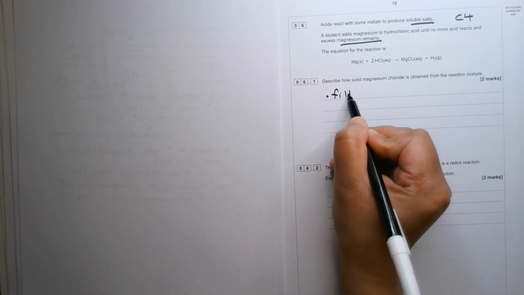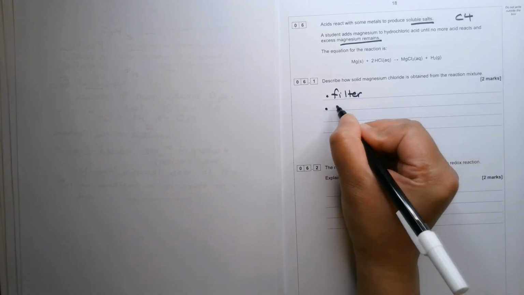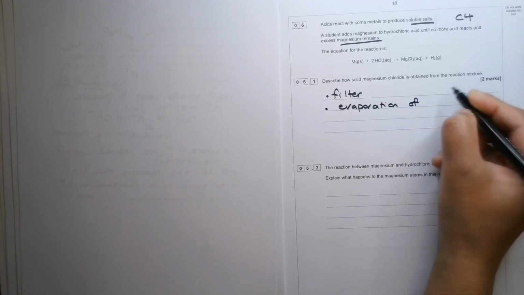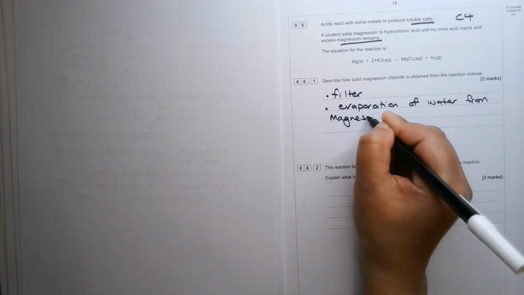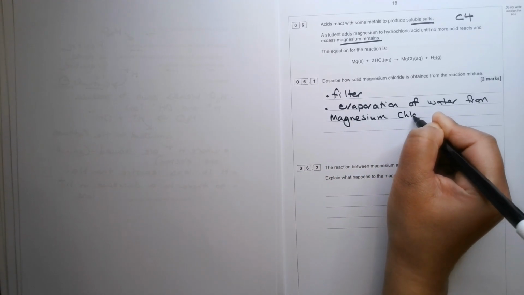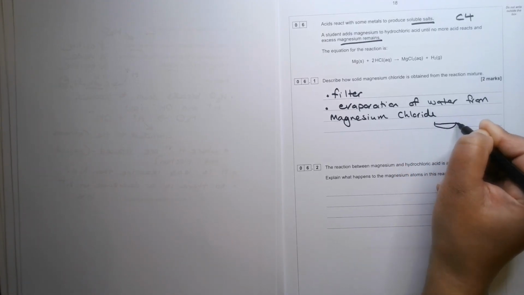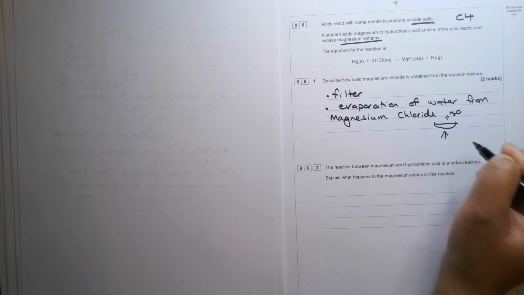So I filter first, and then I can say the evaporation of water from magnesium chloride. So the magnesium chloride is obviously going in an evaporating dish or basin, and the water, once you start heating it, the water will evaporate.